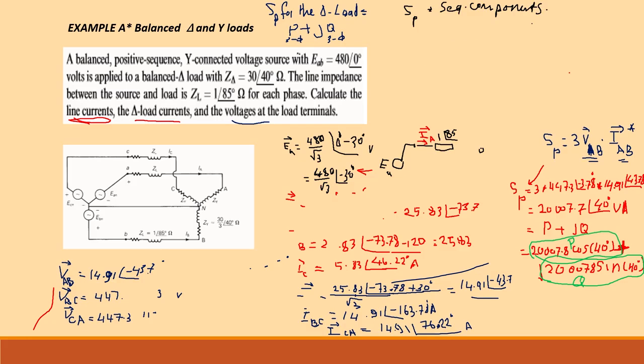We have a symmetrical system. That means the zero sequence network, the positive sequence network and the negative sequence network are uncoupled.